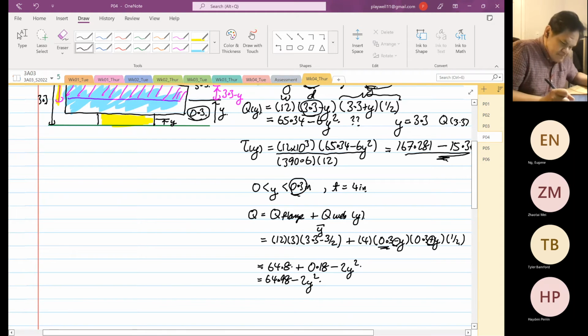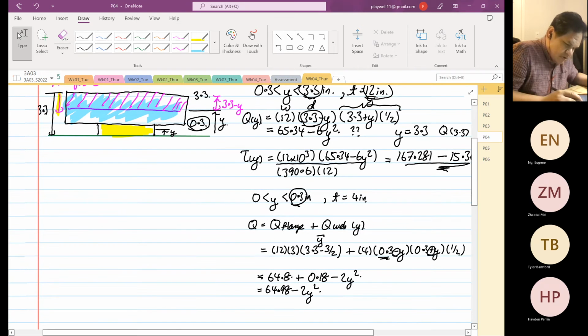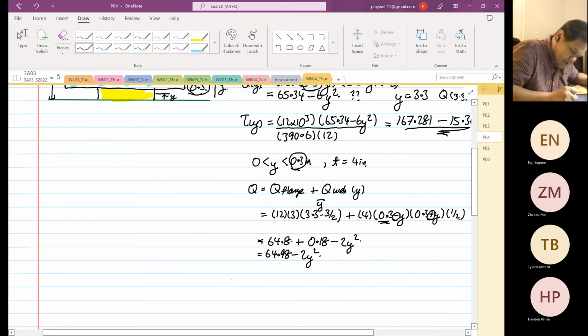So from here, what we do now is we can immediately determine our shear stress at y. Okay, so this is again the same. Now the thickness is 4. Okay, so 64.98 minus 2y squared.